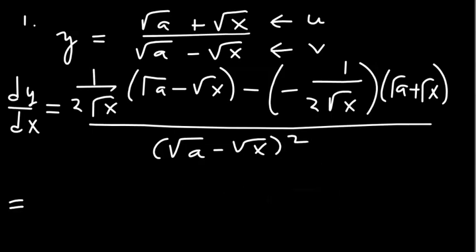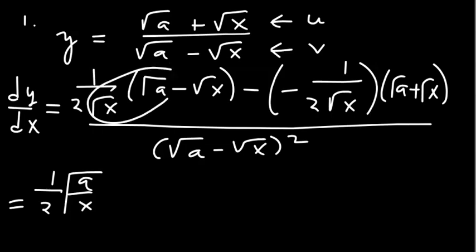Let's try to simplify this. The first term is going to give you 1 over 2 square root a over x. So that's that term right there. Followed by minus 1 over 2, because square root x will cancel that square root x. Minus minus will give you a plus.